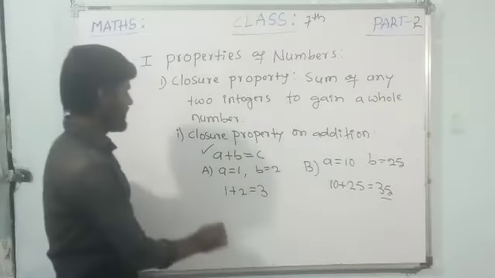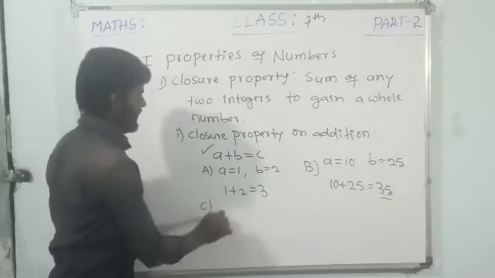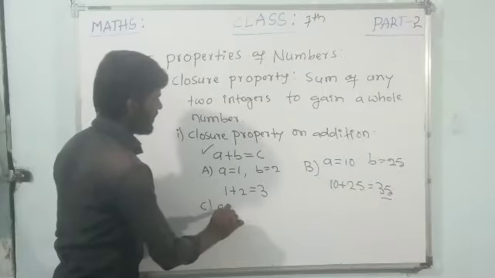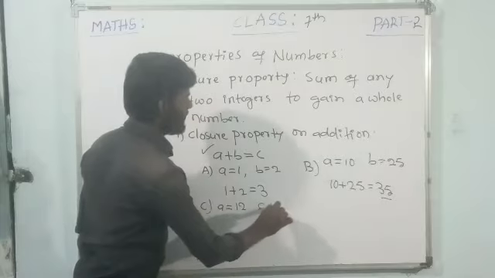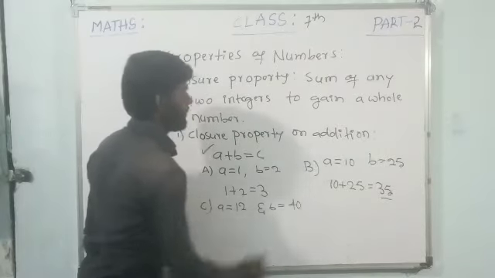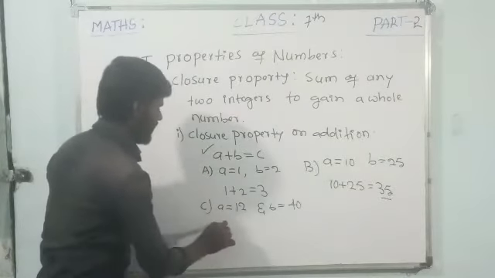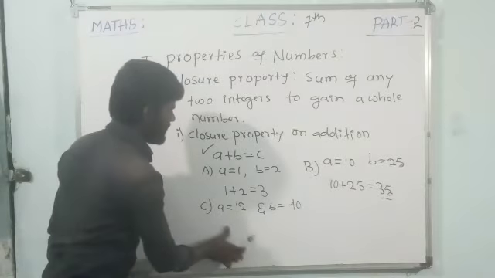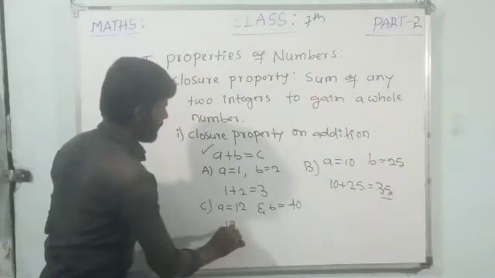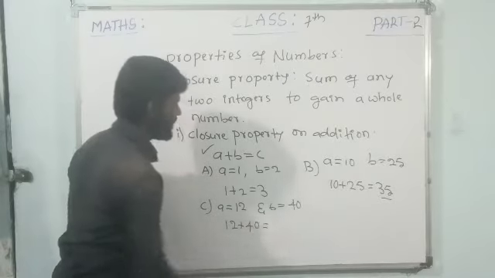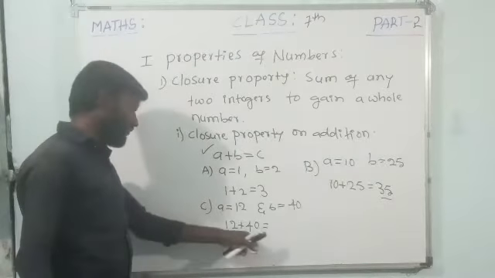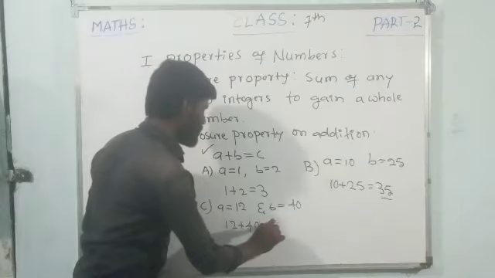Example C: suppose a is equal to 12 and b is equal to 40. I will keep in this one. a means 12 plus b means 40, that is equal to 12 plus 40, that is 52.